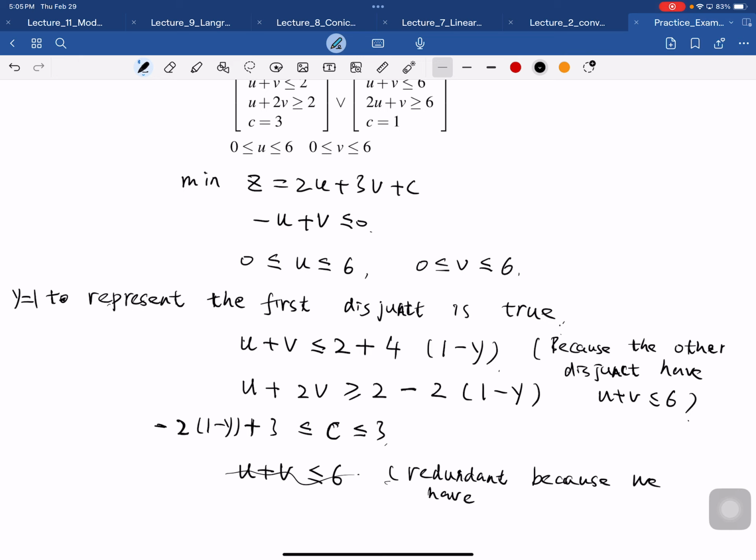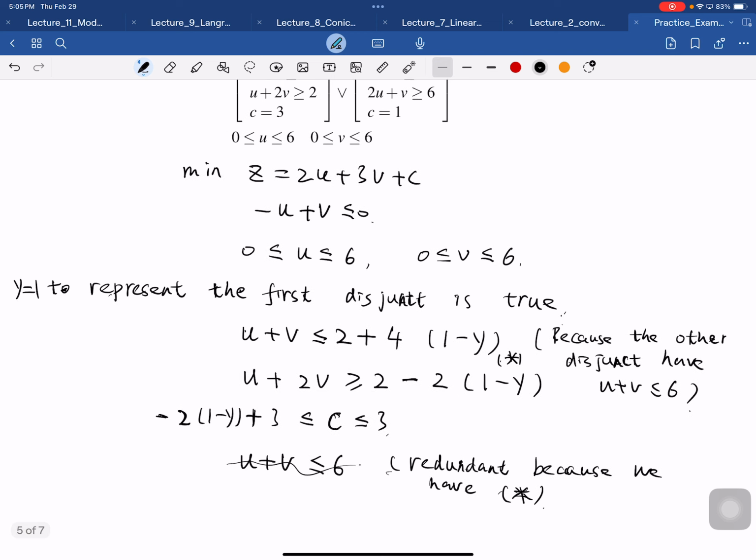Let's name this constraint star. And then the second one is 2u plus v greater than or equal to 6 minus perhaps a big M times y, right? So now what do we pick?